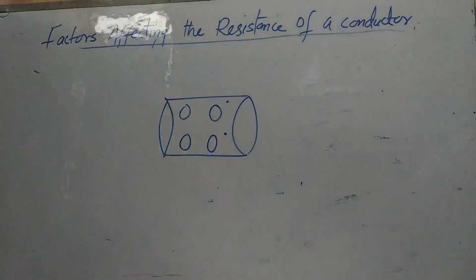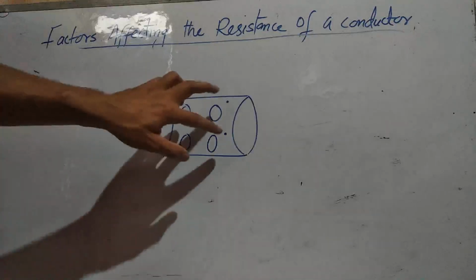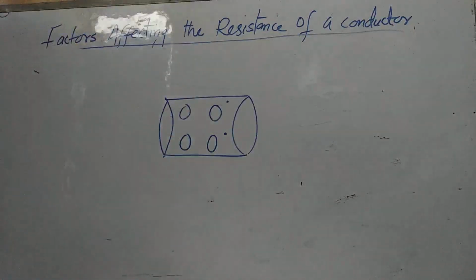And these free electrons are the cause of the electric current. They produce the electric current. The electrons that are bound are not the cause of the electric current. So these free electrons are the cause of the electric current.